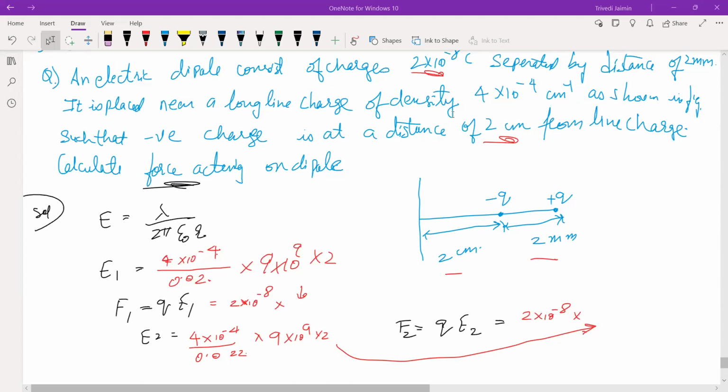Yeah, your answer is 6.4. So according to your answer, it will be 0.8 only, but no problem.